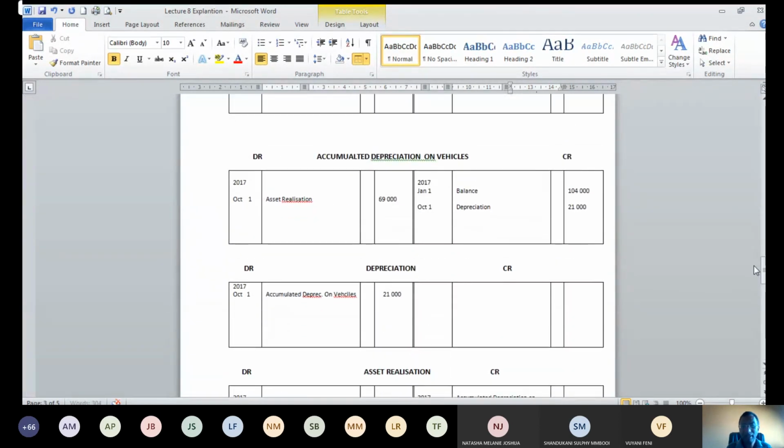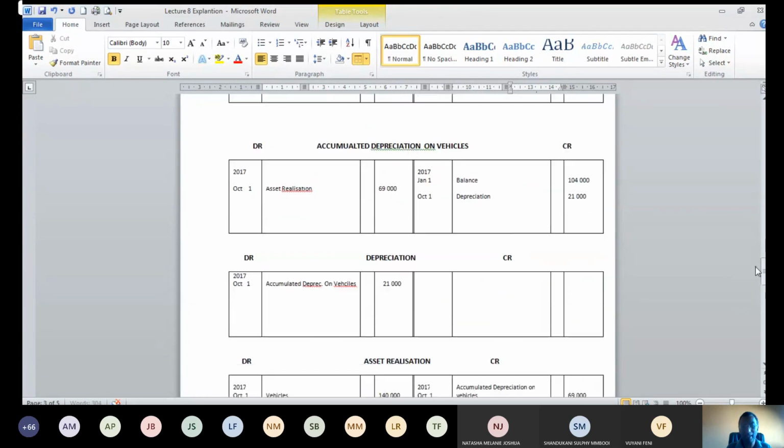So if I'm taking that information now to my ledger, you can also see there that the 21,000 Rand has already been accounted for.